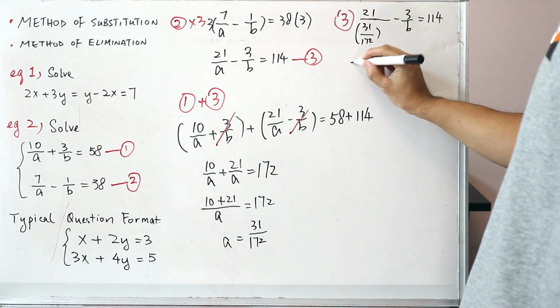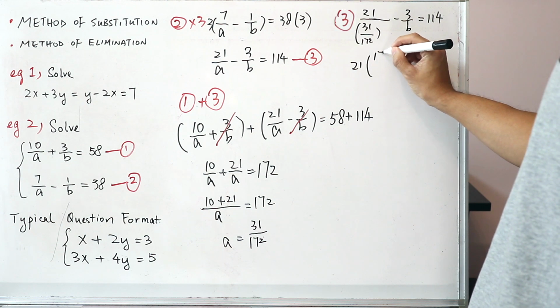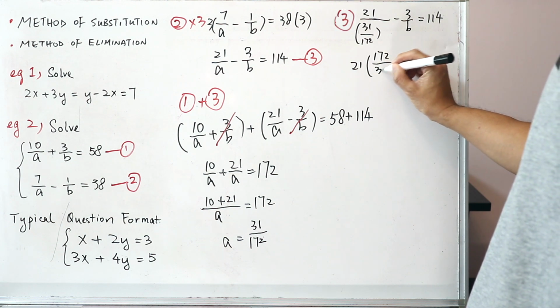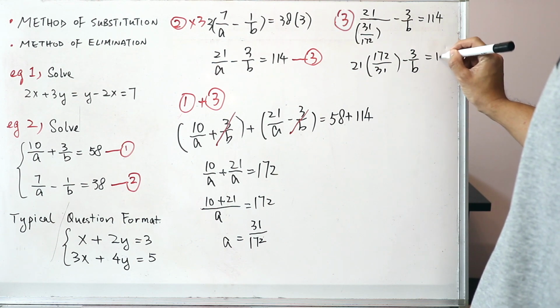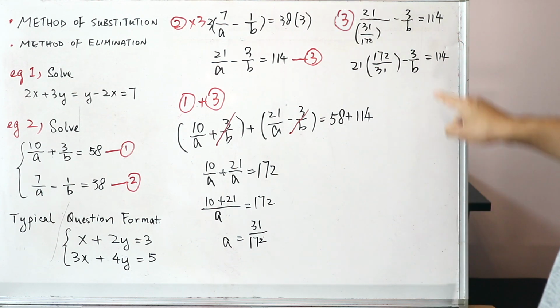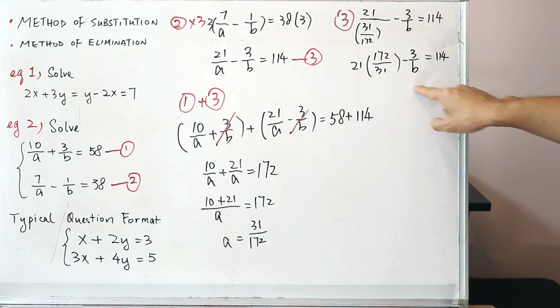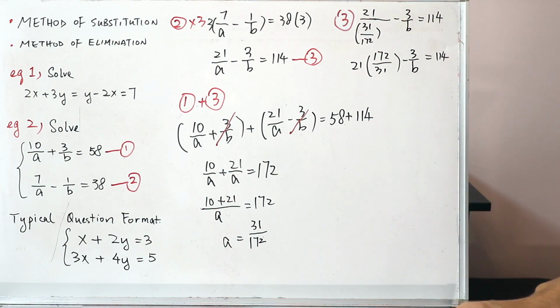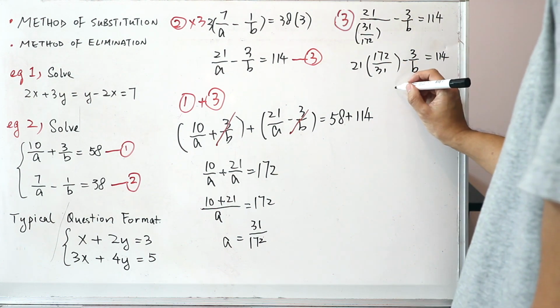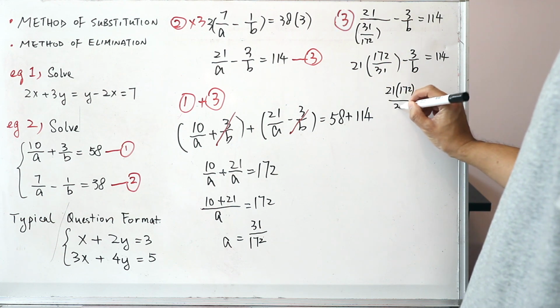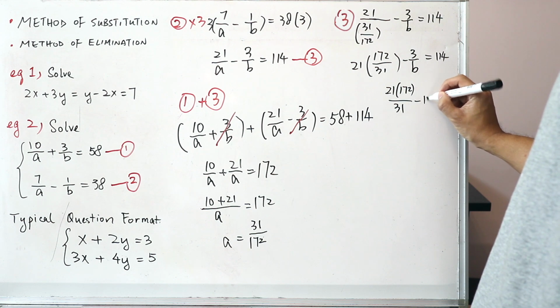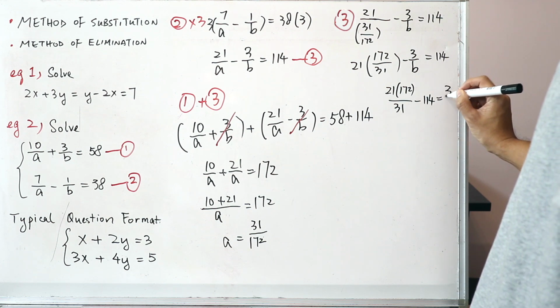So this becomes 21 times 172 divided by 31 minus 3 over b is equal to 114. Okay, so if I move this 3 over b from the left-hand side to right-hand side, this will become plus. So it becomes 21 times 172 divided by 31, and then minus 114 is equal to 3 over b.